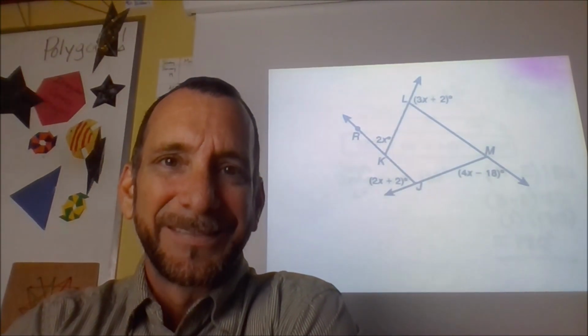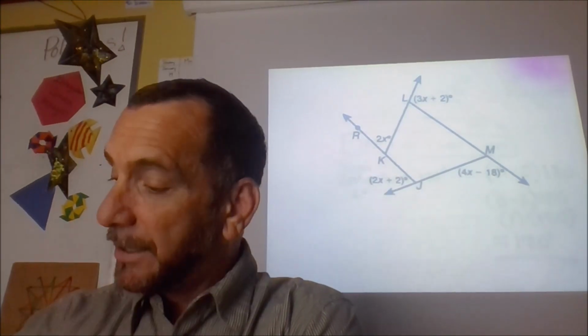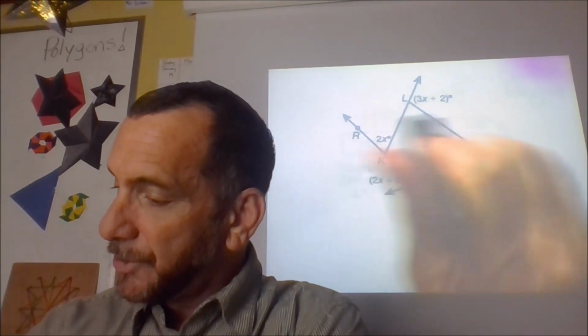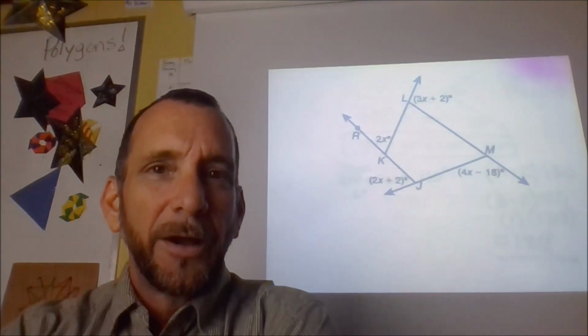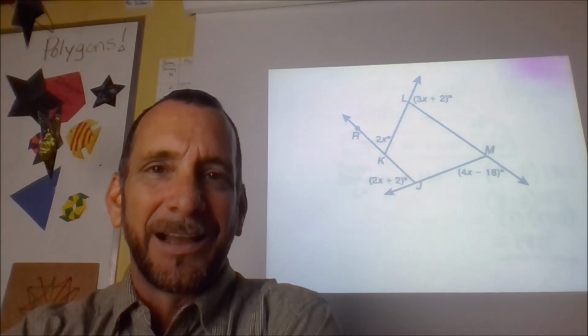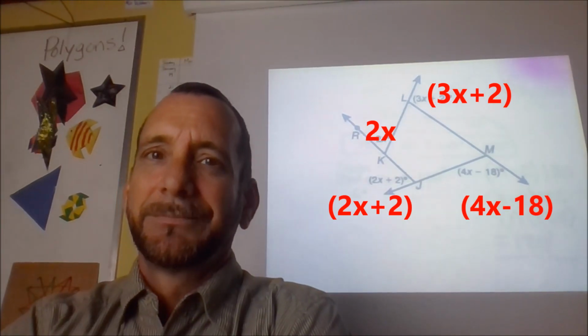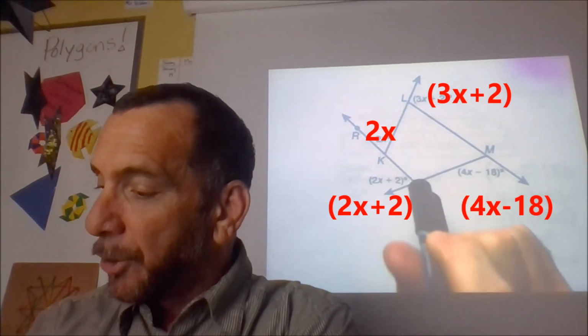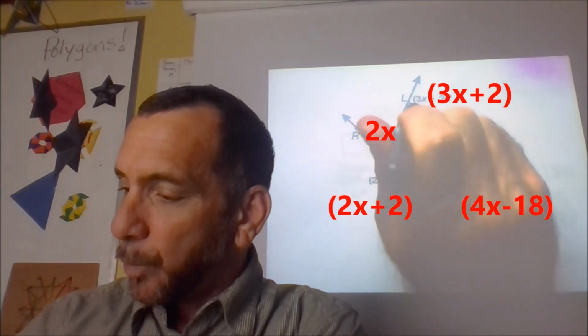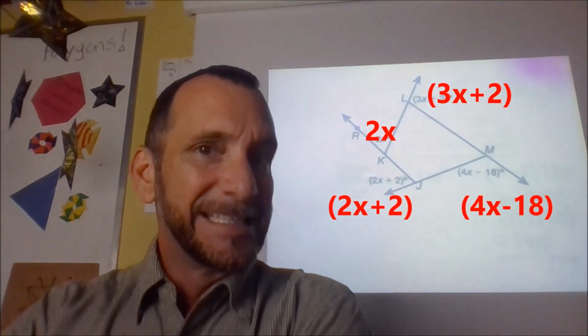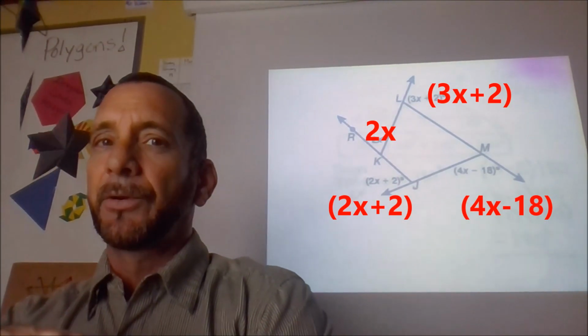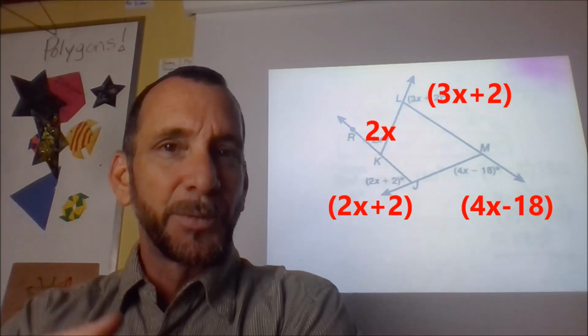Let's look at this one. This is a fun one because we have a 1, 2, 3, 4, four-sided polygon. That's a quadrilateral. Now, for a quadrilateral, we could find out the sum of the interior angles, n minus 2 times 180.